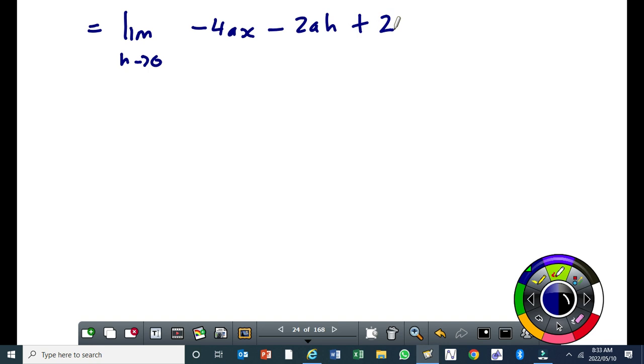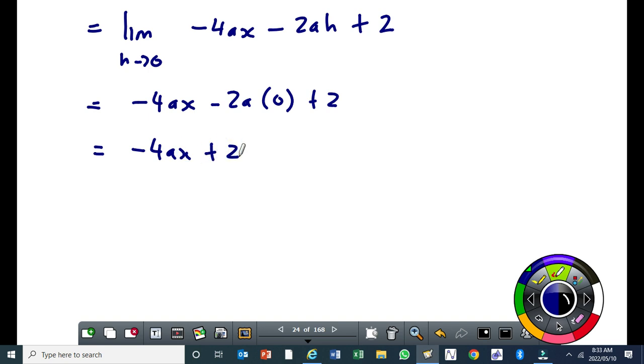Now I'm going to substitute h equal to 0. So this becomes minus 4ax minus 2a times 0 plus 2, and the final answer will be minus 4ax plus 2. So our derivative or gradient is going to be minus 4ax plus 2.